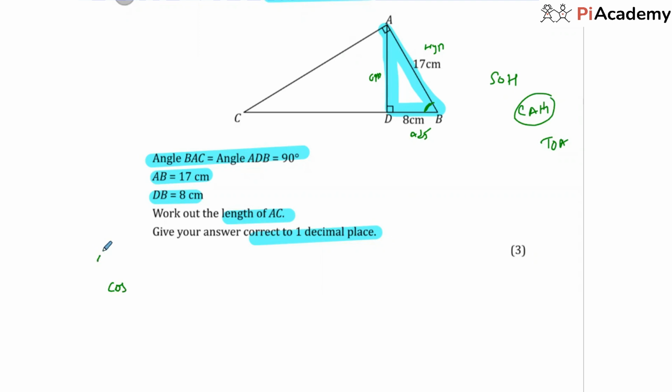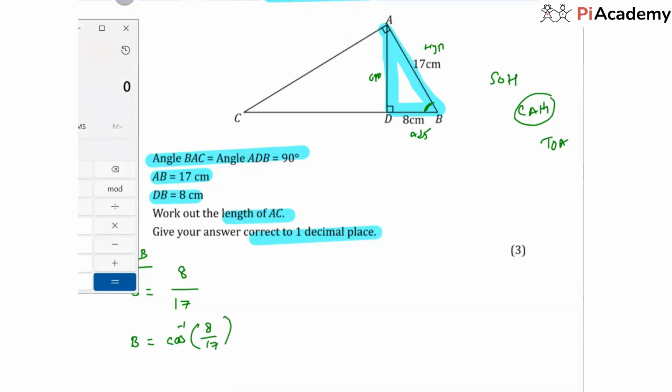In triangle ADB, cos B is equal to adjacent over hypotenuse, that is 8 over 17. So B is equal to cos inverse 8 over 17. Let me show you using the calculator. Can you see my calculator, guys? 8 divided by 17.